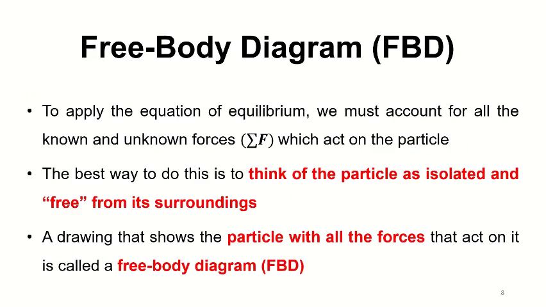I mentioned that for a particle to be in equilibrium, the resultant force acting on the particle should be equal to 0. Then only the particle can be in equilibrium, right? If some particle is said to be in equilibrium, then we want to find whether the resultant force acting on that particle is 0 or not.